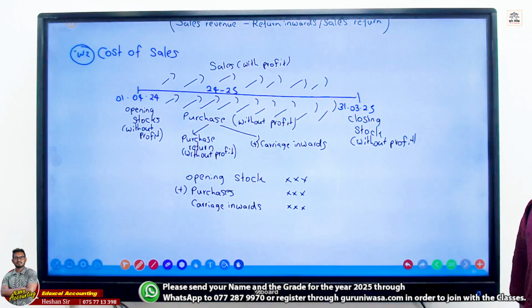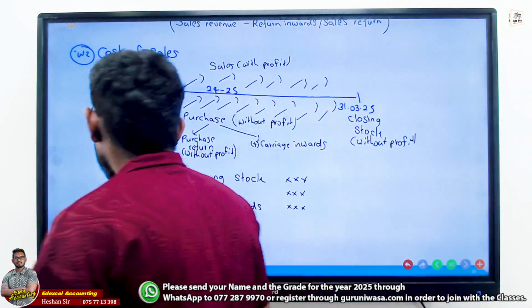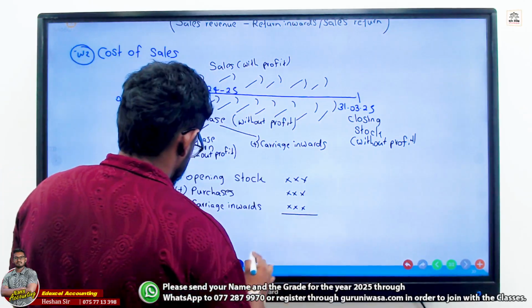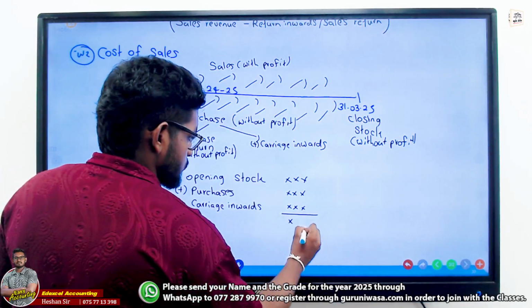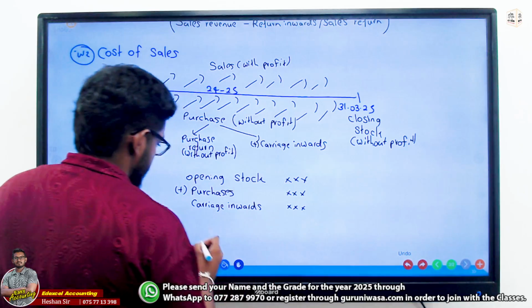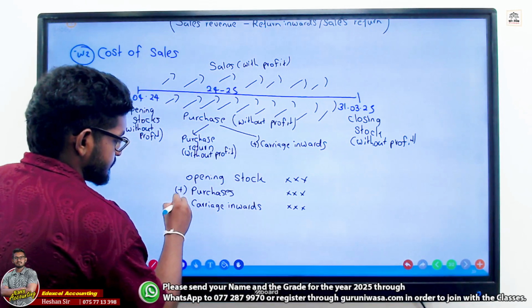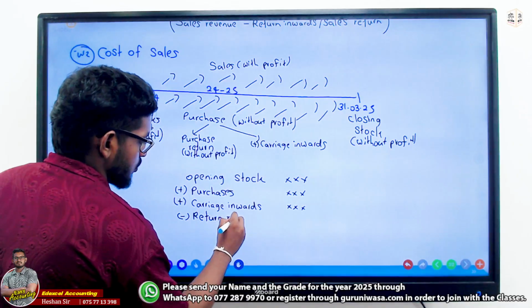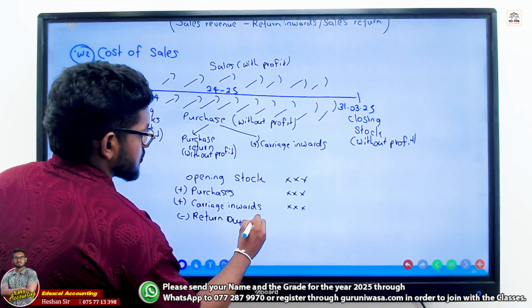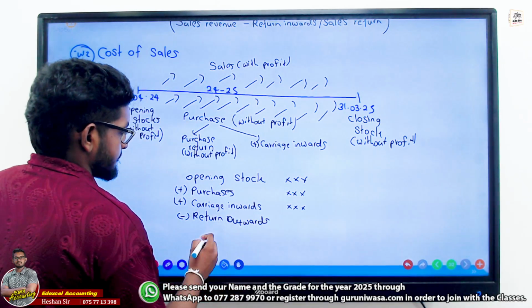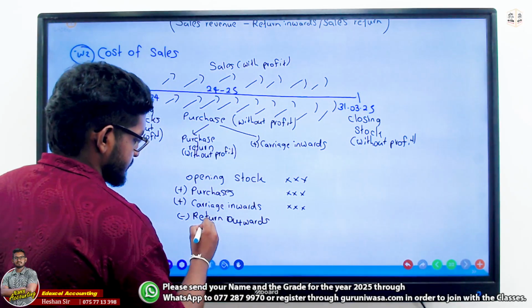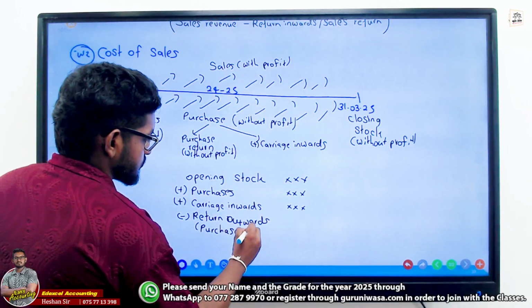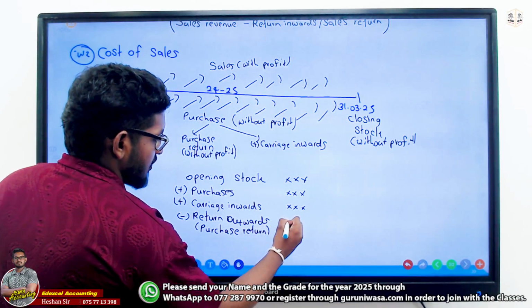And not only that, from this we deduct return outwards, sorry, which means purchase returns. What we bought, we return. We reduce those.